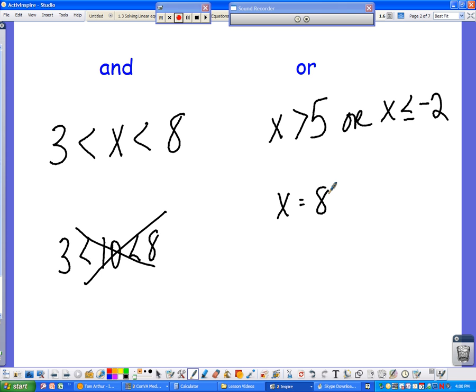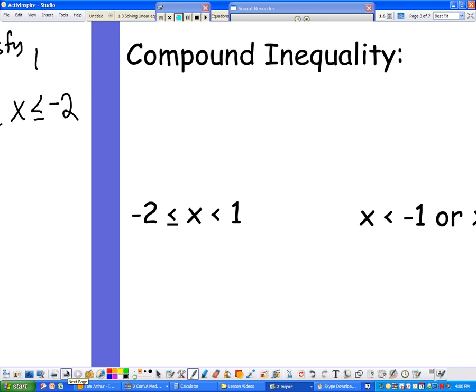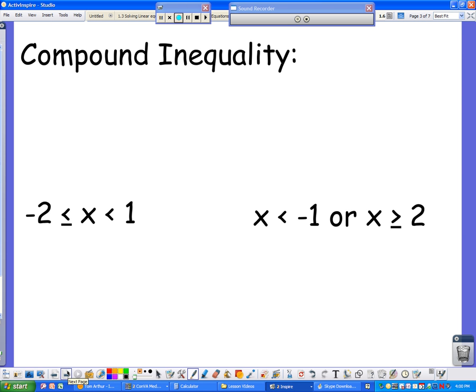However, 8 is not less than -2. I mean, that would still be a good example because it only has to satisfy one. So the and has to satisfy both, and the or only has to satisfy one.